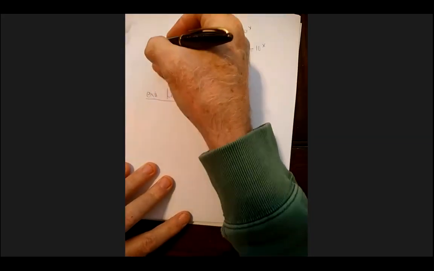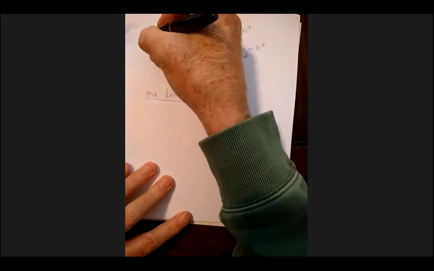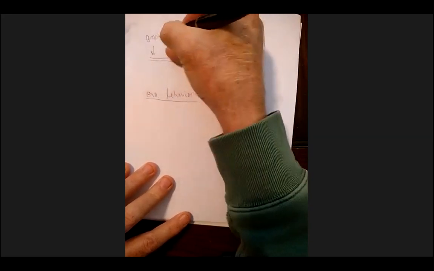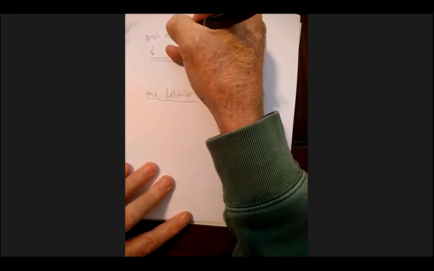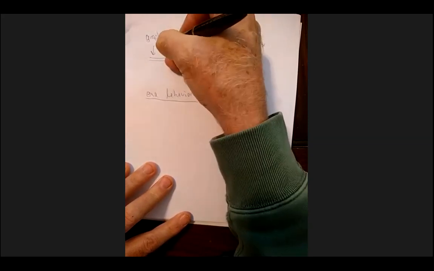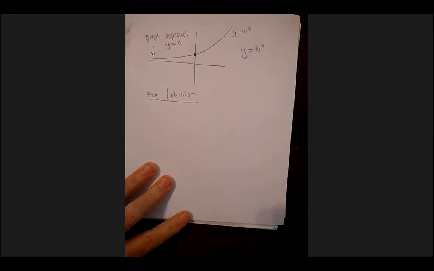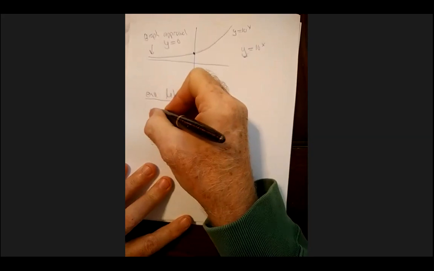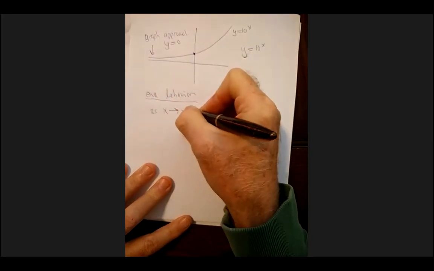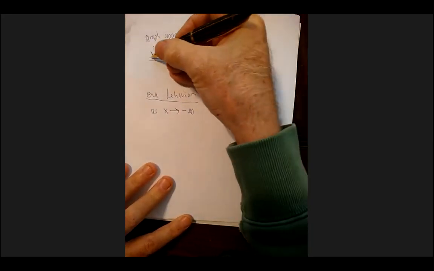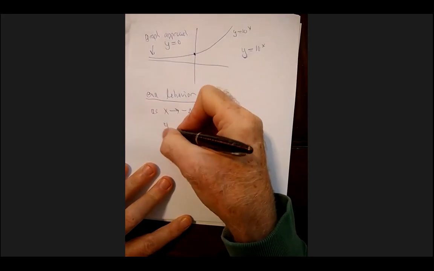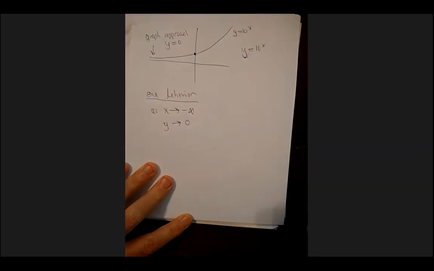Over here, we're seeing that the graph approaches the horizontal asymptote y equals 0. So that would mean as x approaches minus infinity, in other words, as you're going this way, the graph approaches 0. So that's one way to talk about end behavior.